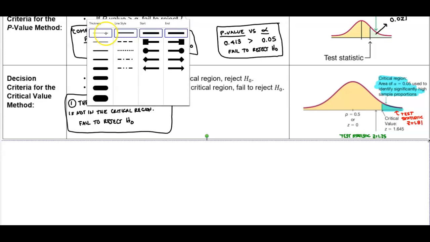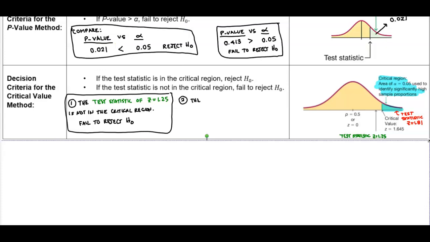So we would say that the test statistic of z, which is equal to 1.81, is in the critical region. So since it is in the critical region, we would say that we would reject the null hypothesis. So those are the two scenarios.